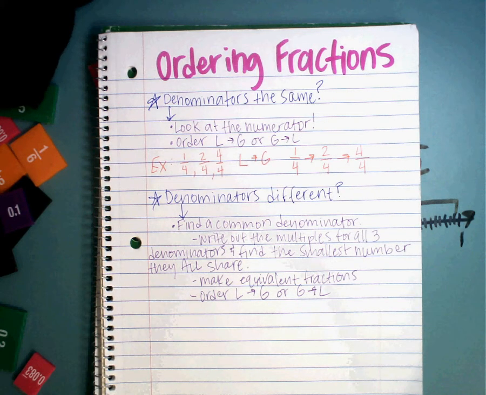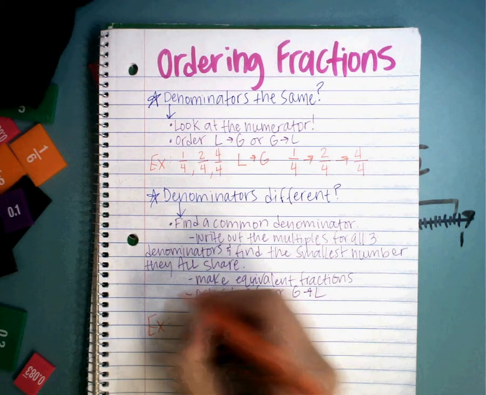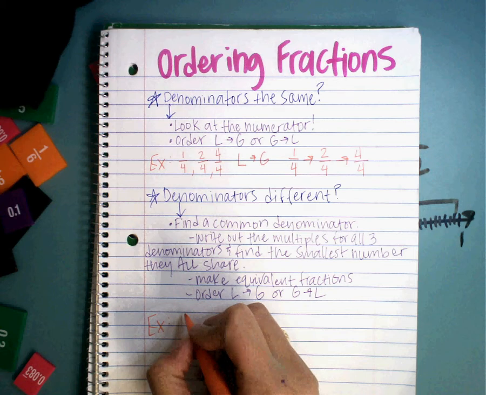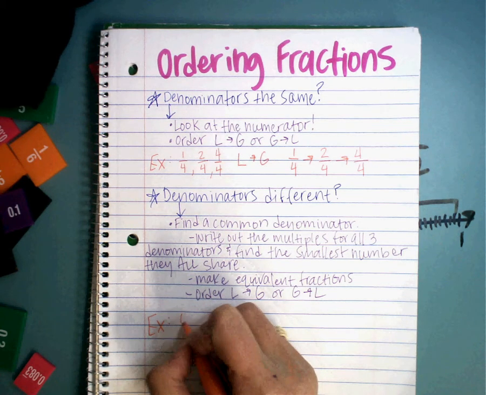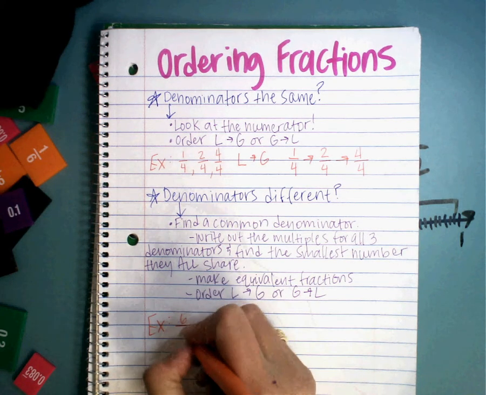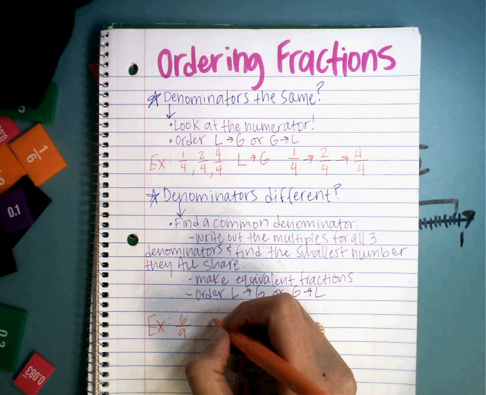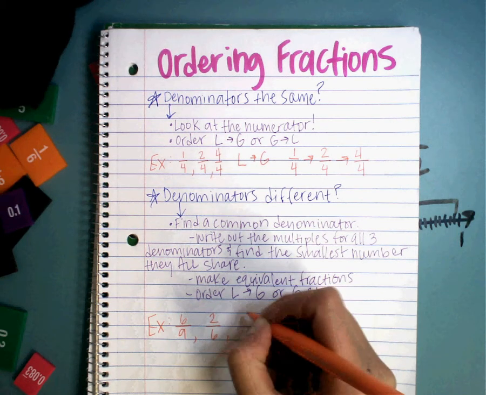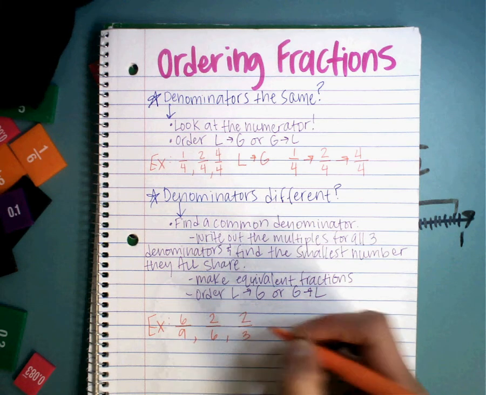All right, so for example, let's say that I have 6/9, 2/6, and 2/3.